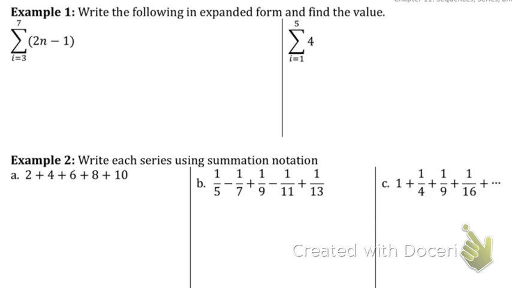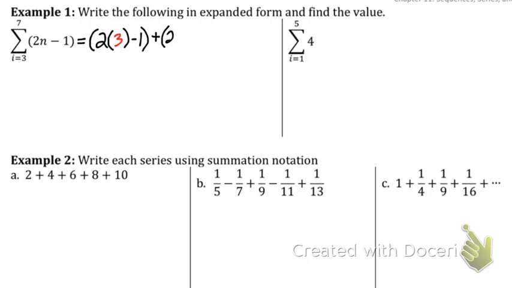We're supposed to write the following in expanded form and find the value. So that left one, I am going to go from the third term to the seventh term. In other words, n equals 3, n equals 4, n equals 5, n equals 6, and n equals 7. That's going to be my pattern. So we're going to say this equals 2 times 3, because that's my starting value, minus 1.